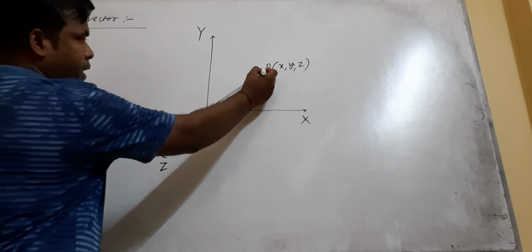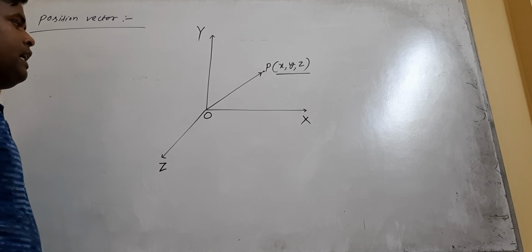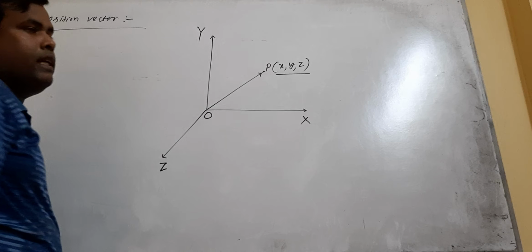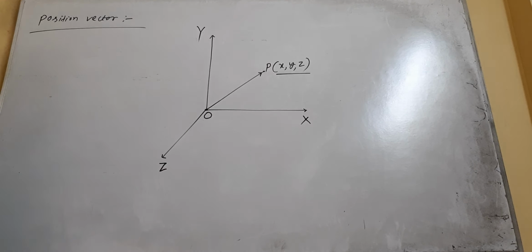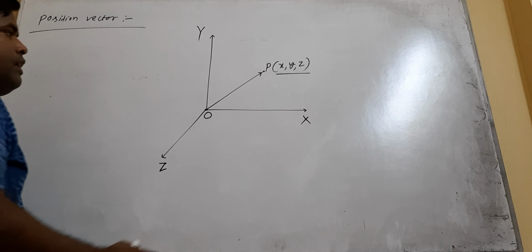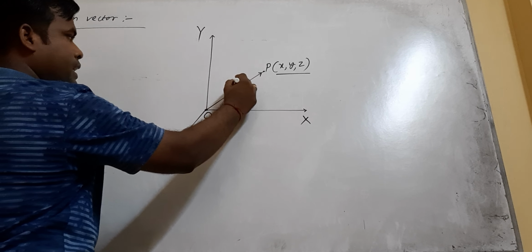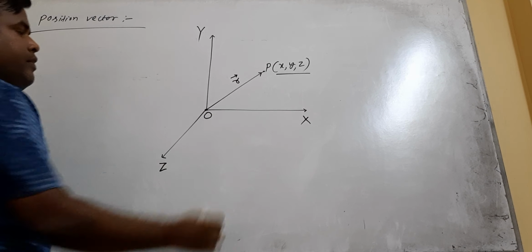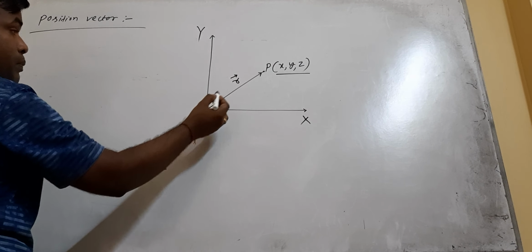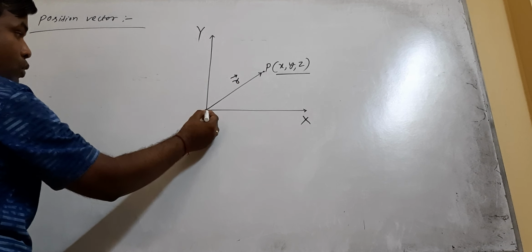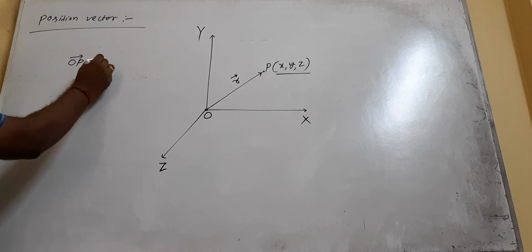So here is a point P, its coordinates are x, y and z. Here we want to find the position vector of P with respect to the origin O. That is the vector that joins the point P and the origin and is directed towards the point P. So the position vector of P with respect to O is the OP vector, which is equal to R vector.